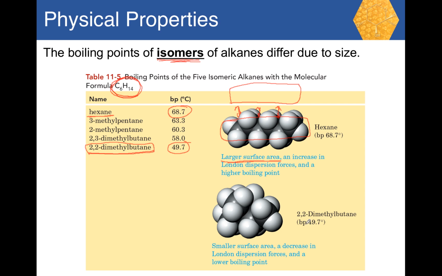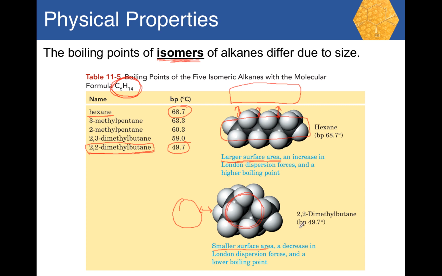Let's look at 2,2-dimethyl. It's very compact, as you can see. So there is a smaller surface area. So if you have another molecule just like it over here, there is not as much attraction between the molecules, or the intermolecular attraction is much weaker.